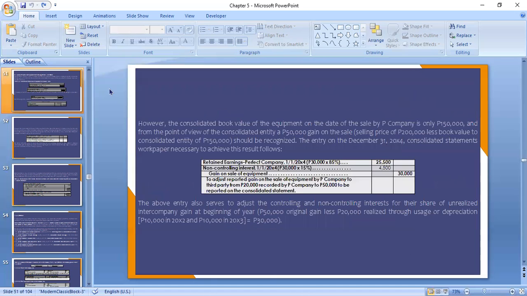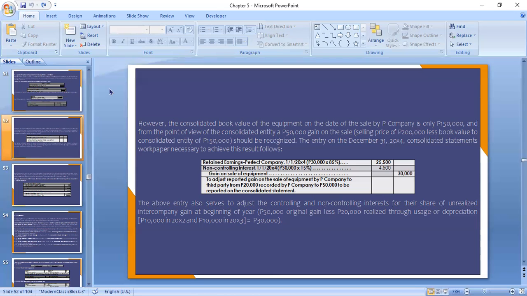So we have now the consolidated book value of the equipment on the date of the sale by P company. It's only 150,000. That's the consolidated book value. And from the point of view of the consolidated entity, a 50,000 gain on the sale, as selling price of 200,000 and book value 150,000, should be recognized with the entry: debit to retained earnings of the parent company, 30,000 times 85%.